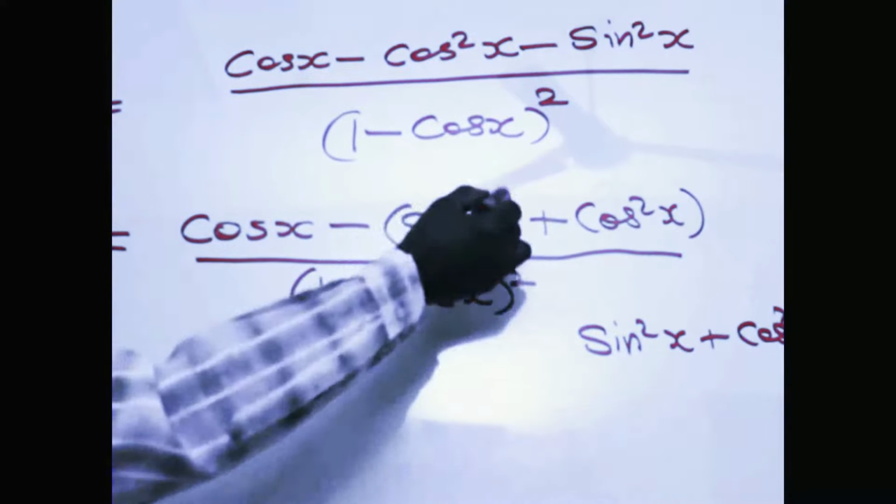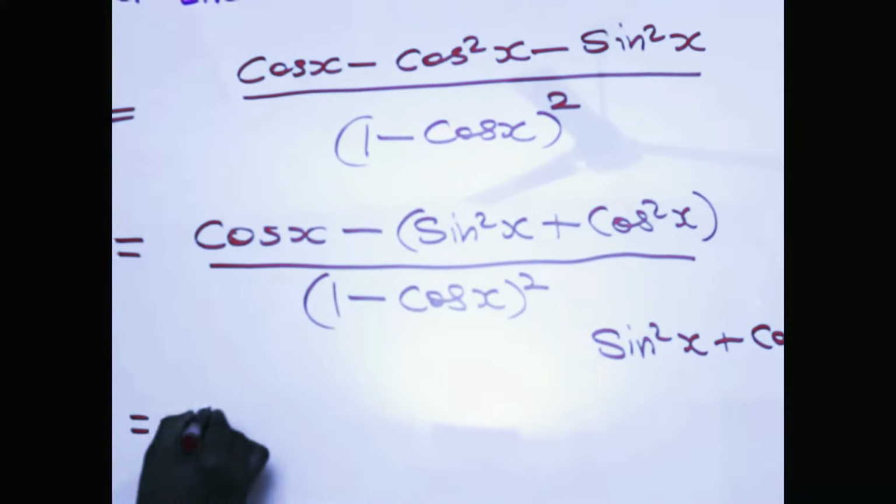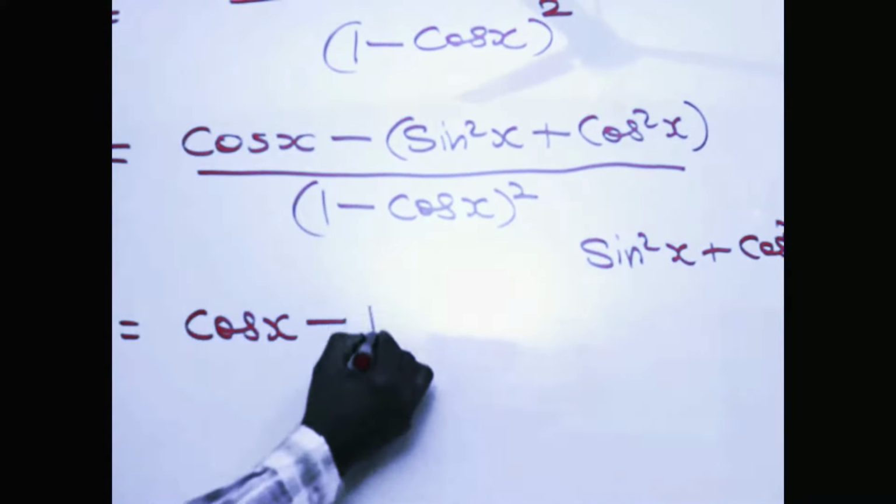So we can put the bracket equal to 1, so it becomes cos x minus 1, divided by 1 minus cos x whole square.